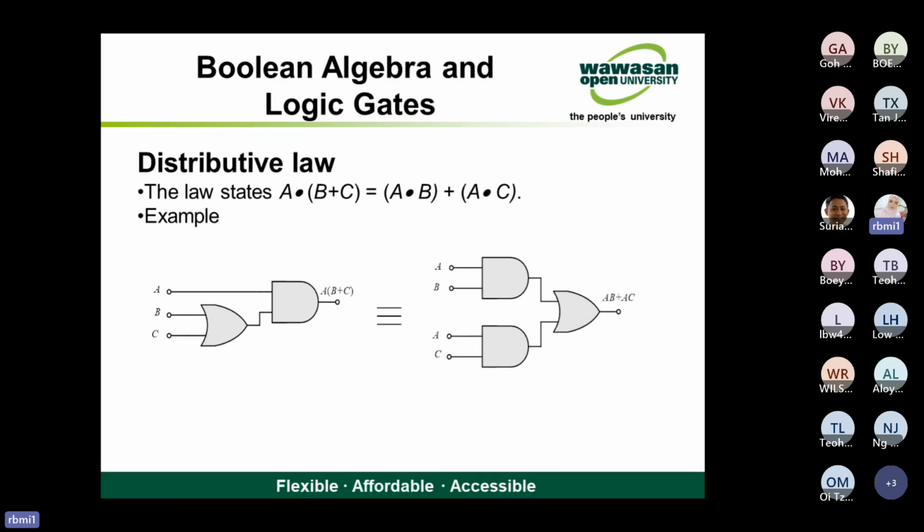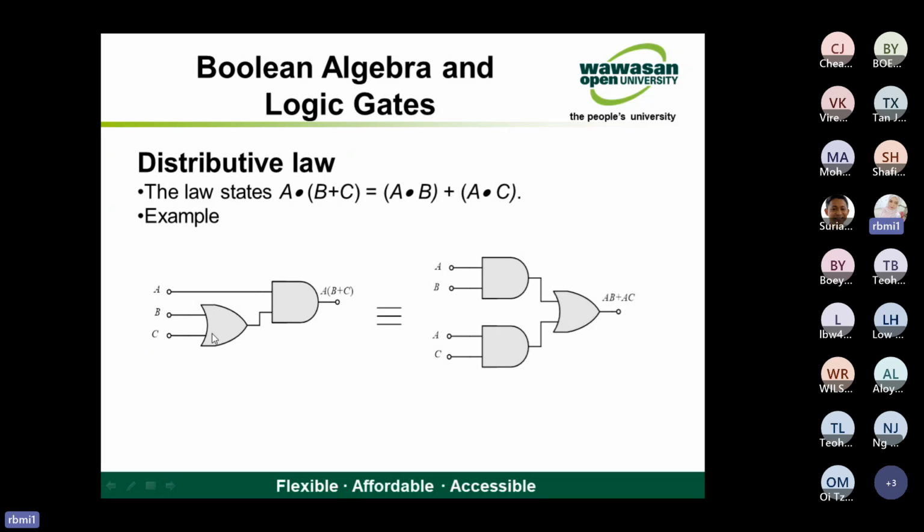Next we have the distributive law. In normal algebra, we can write the distributive law as A dot (B plus C), and we can also write it in terms of this. This is when we factorize, we can get this, and this is when we multiply A to B and to C. This is how we can draw it. It is equally true for Boolean algebra, as shown using the logic gates here.